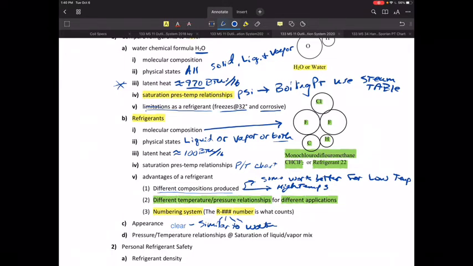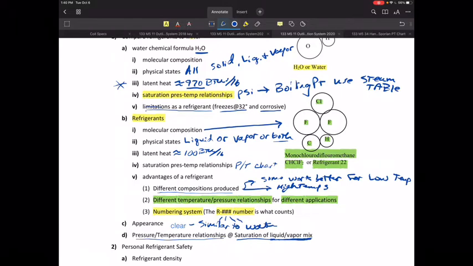Now the pressure-temperature relationships. Earlier I talked a little about how we use a saturation table or a pressure-temperature chart. Every one of these refrigerants has a certain pressure-temperature relationship that tells you the saturation. It's telling you the pressure or temperature at the saturation point, and as a general rule it's always giving you that of a liquid-vapor mix.